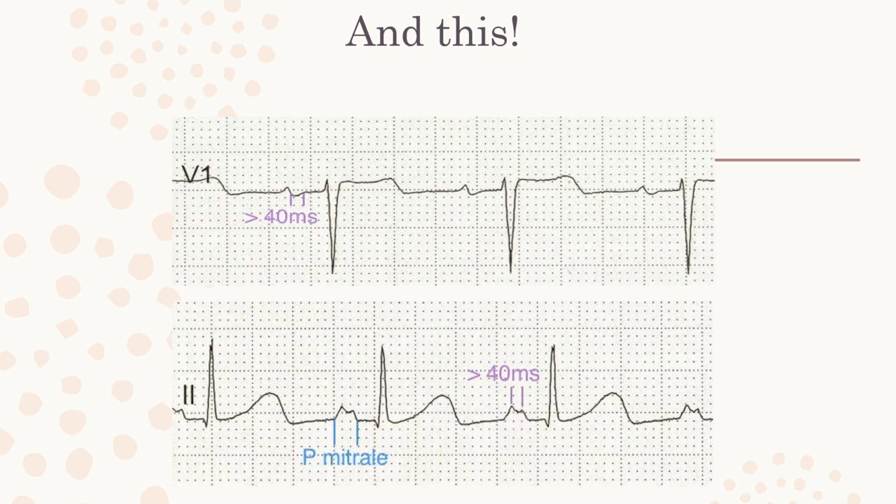Here we can see the biphasic waveform that I was talking about. The P wave kind of goes above and below the baseline. That's in lead V1, and then we have this M-shaped P mitrale, kind of a humpback, camelback P wave in lead 2. So that would be left atrial.